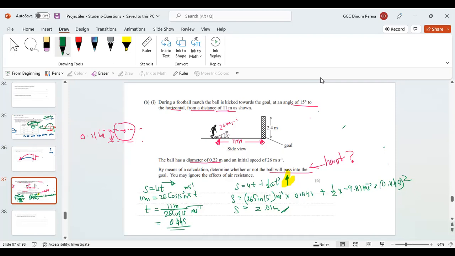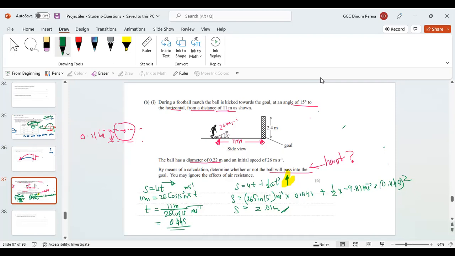So we should add the vertical height to the radius. Vertical height of the ball. You should add the radius to that, right?